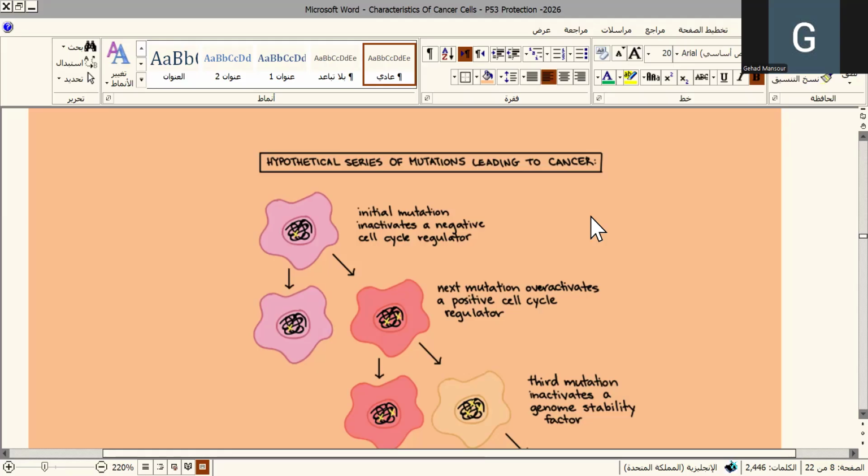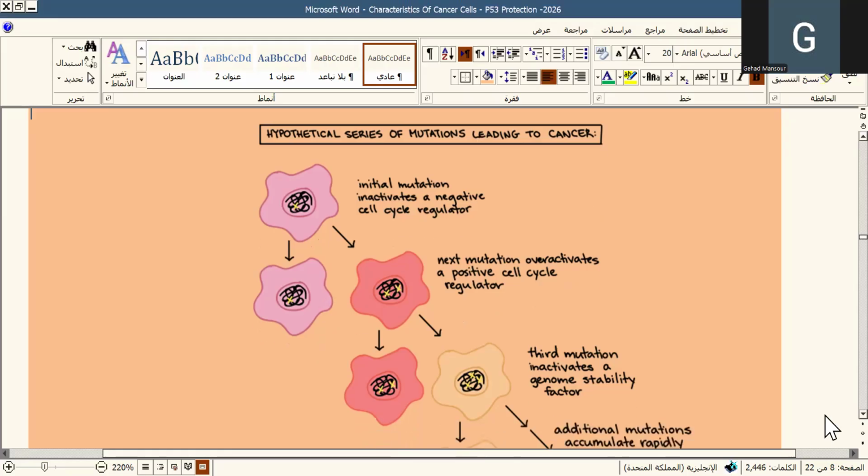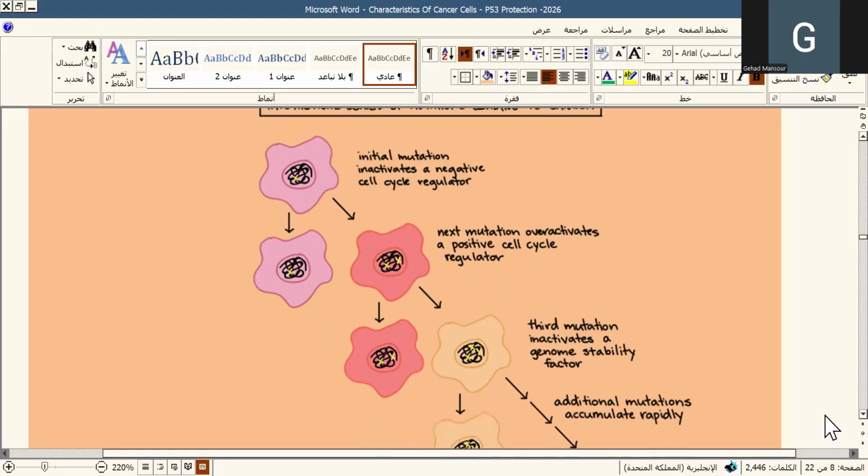And there was a hypothetical vision of the accumulation of mutations in cancer cells or in abnormal cells that were capable of causing cancer.